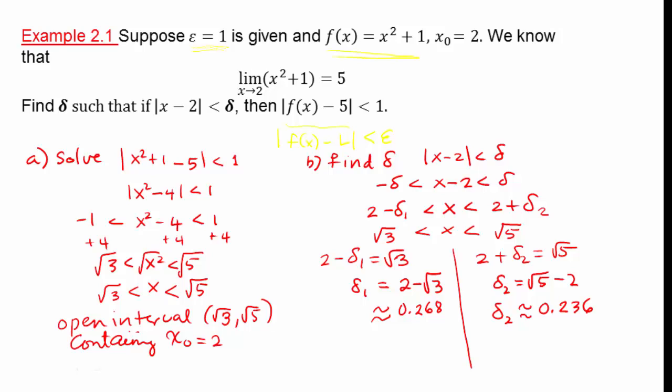So we've seen here that delta 1 is bigger than delta 2.